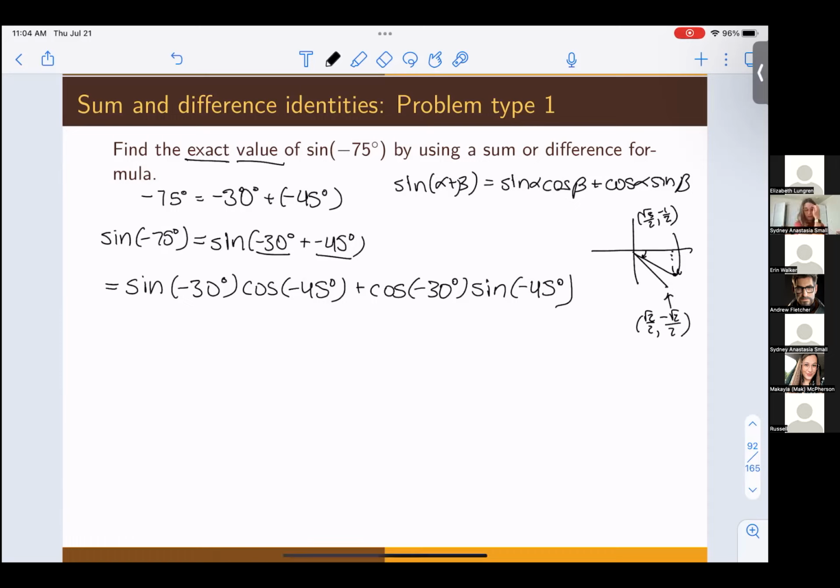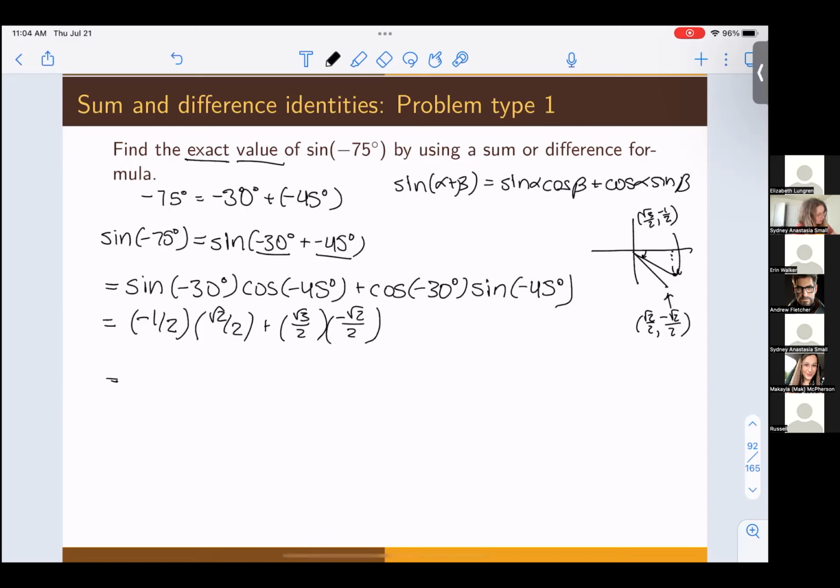So using those values, the sine of negative 30 degrees, where the y coordinate is negative 1/2, times the cosine of negative 45, which is positive root 2 over 2, plus the cosine of negative 30 degrees, which is positive square root of 3 over 2, times the sine of negative 45 degrees, which is negative root 2 over 2.